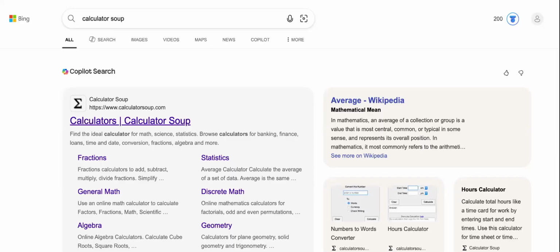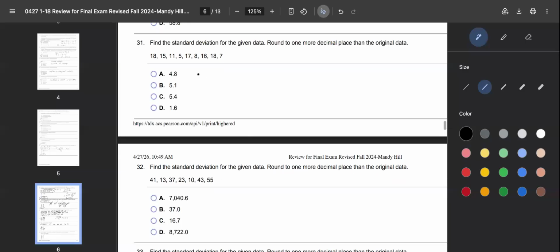And when you scroll down here, it's going to tell you that the standard deviation is 5.093. So if we typed in our stuff correctly, we got, sorry, wrong pen. We used Calculator Soup.